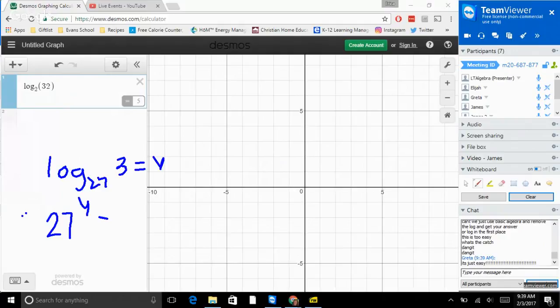27 to the y power equals 3. So what do you guess your y is going to be? In order to get 27 down to 3, we're going to have to reduce it. I'm guessing it's going to be to the 1/3 power.